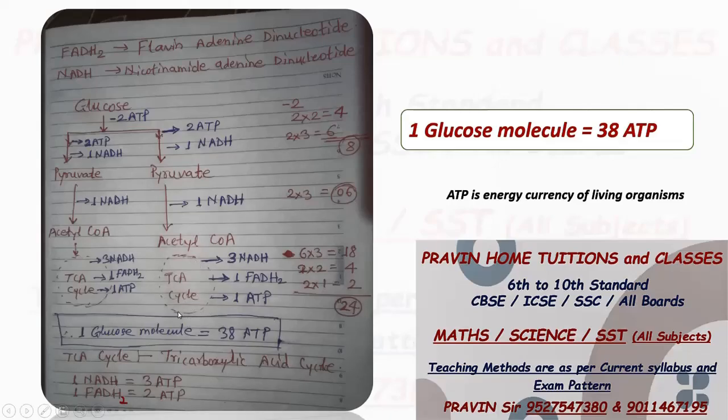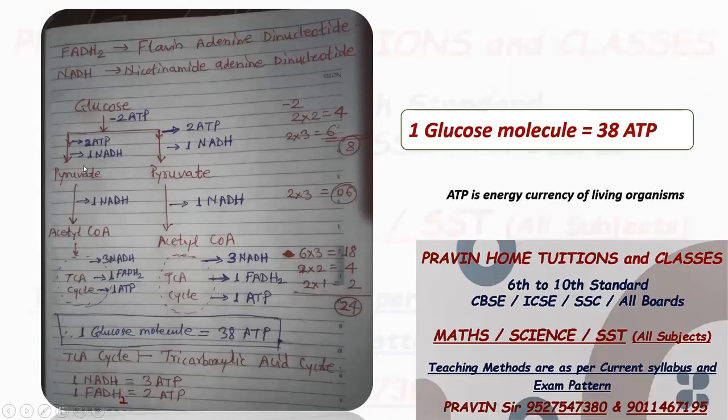From these chemical reactions, these are the energies generated. That is, three molecules of NADH are generated. One molecule of FADH2 is generated. FADH2 means flavin adenine dinucleotide. This is also an energy molecule. And one ATP is generated. Now, this is for one pyruvate.